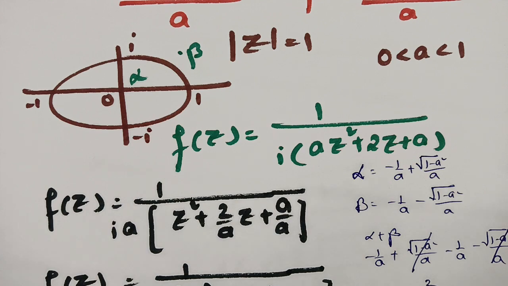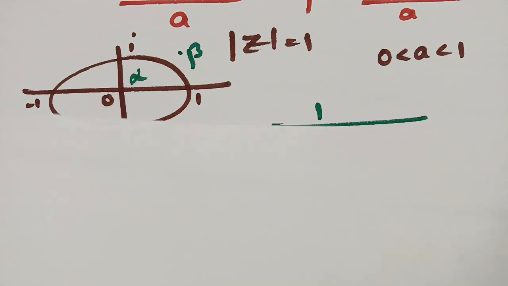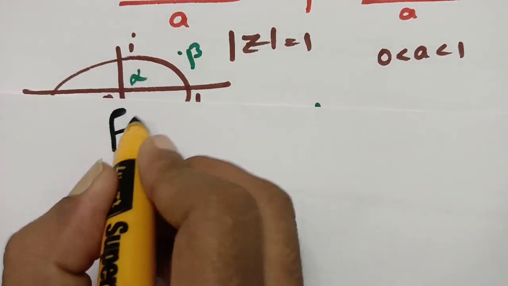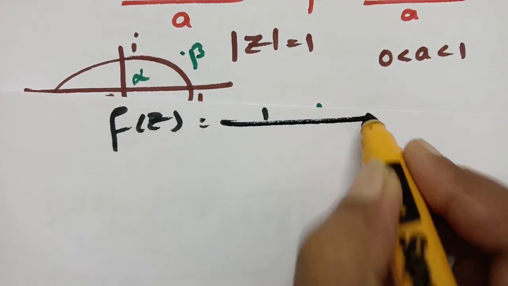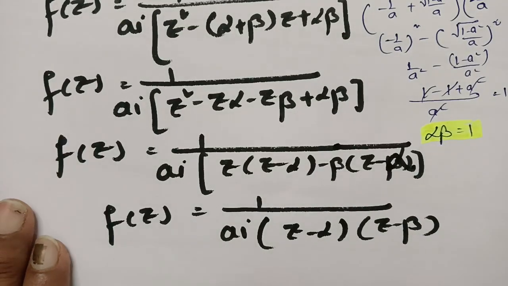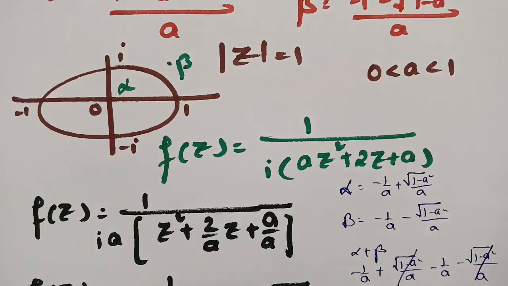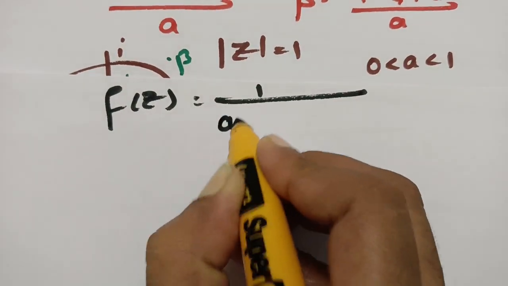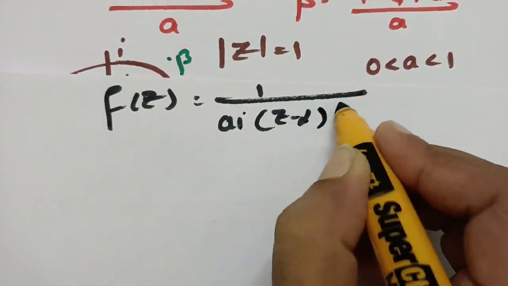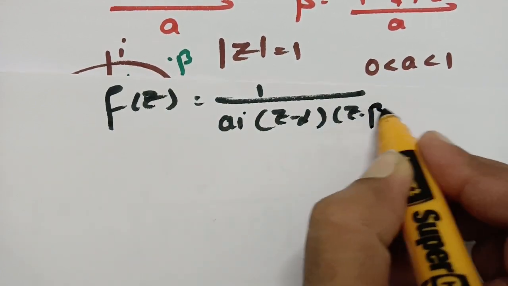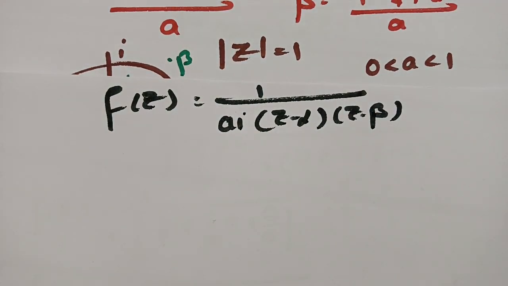so the residue of f of z, clearly f of z is equal to 1 by ai into z minus alpha into z minus beta. Now I am going to find out the residue value.